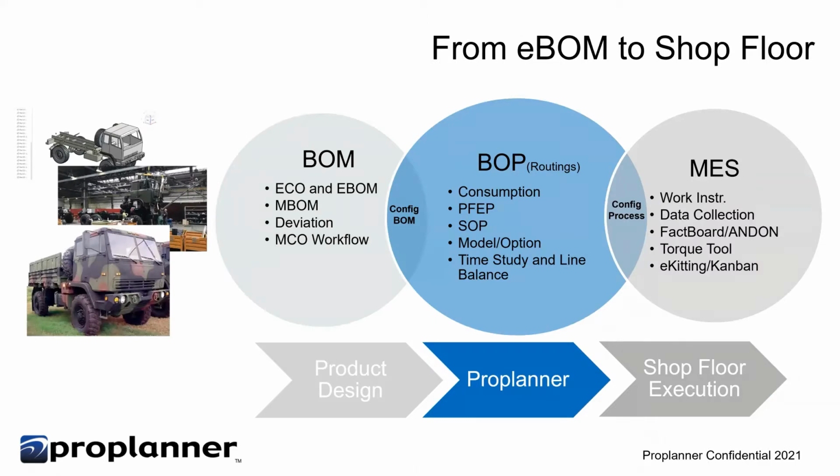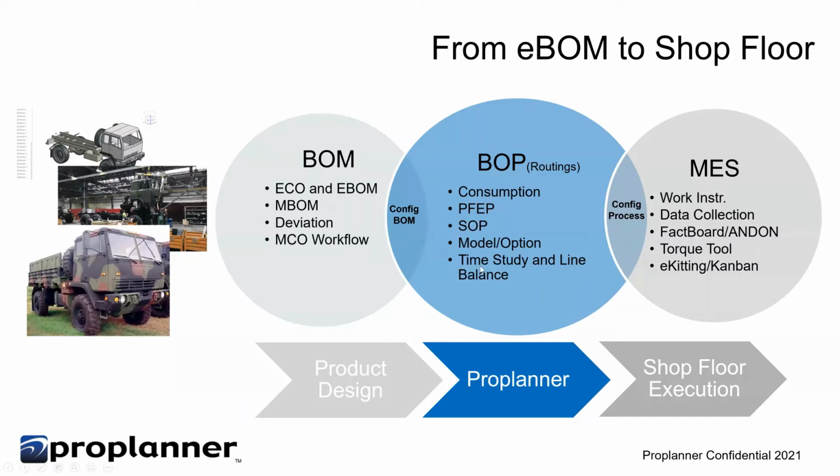And just to summarize how the shop floor data is generated today, as you know, Proplanner typically sits between the bill of materials, the product design system, and the shop floor execution systems. That's our database that's generating what we call bill of process, or process configured to the product being put on the line.